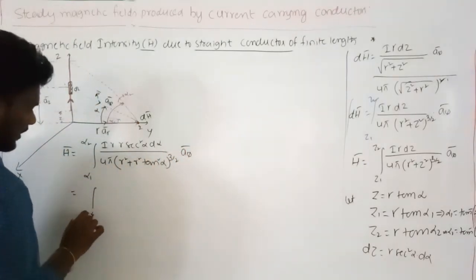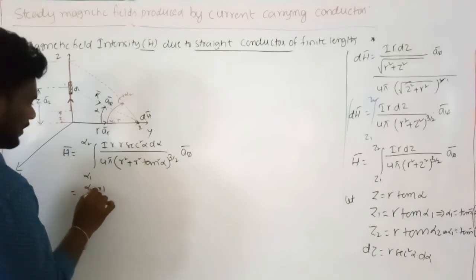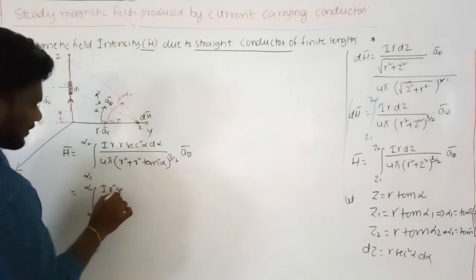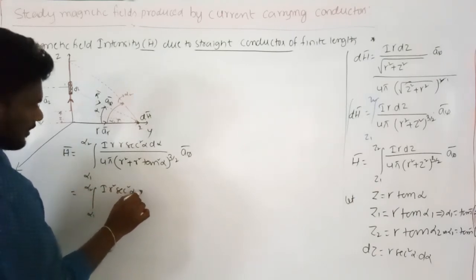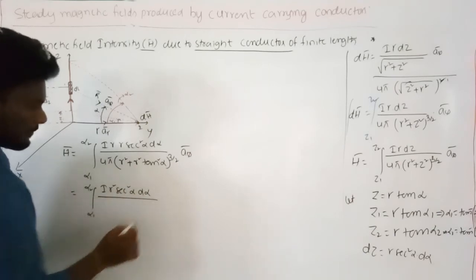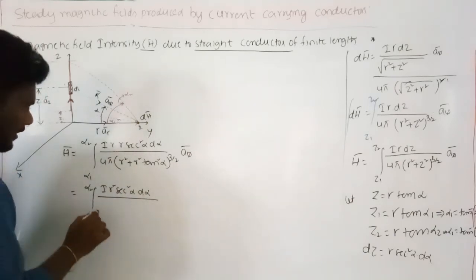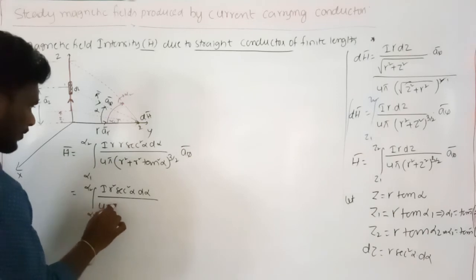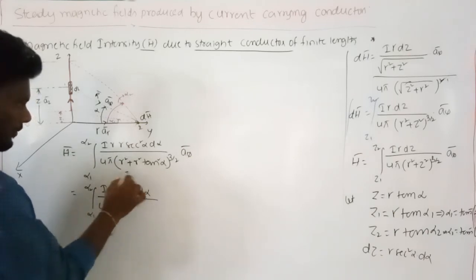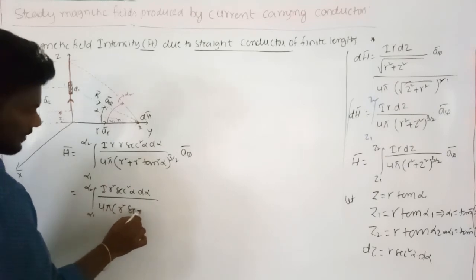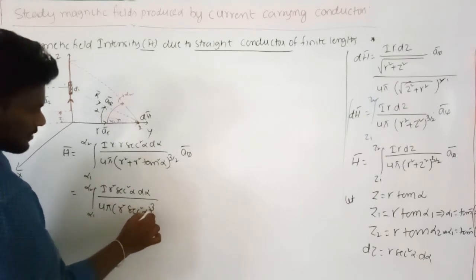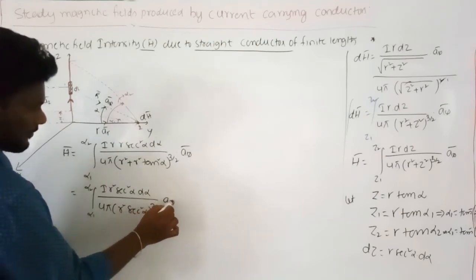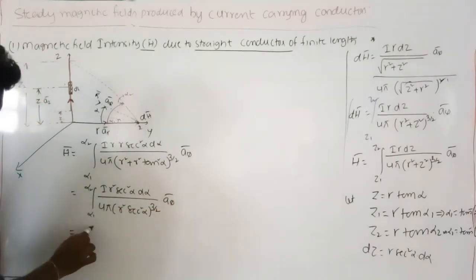So it is alpha 1 to alpha 2, I r square secant square alpha d alpha by 4 pi times of r square, which is the common term here. If you take r square common, then 1 plus tan square alpha is the remaining term. 1 plus tan square is secant square alpha. So whole power 3 by 2 times a phi bar. Now do the next step here.